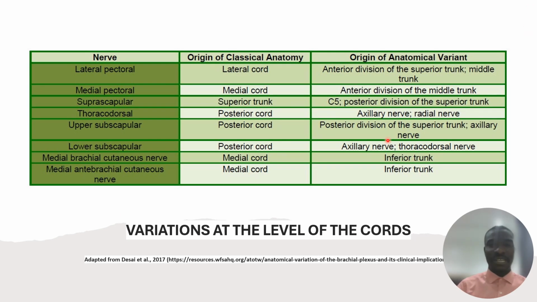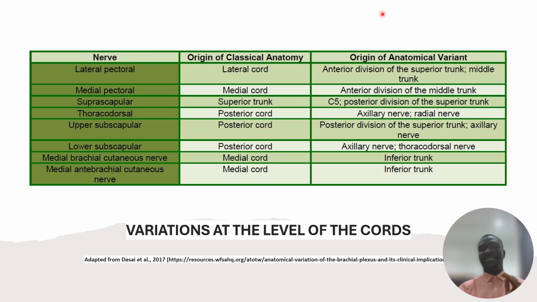Now let's take a look at the cords. What happens to the cords? You can see I've made a table to highlight the original source of each of the terminal nerves, and then look at the possible variations that will emerge. But let me also note that sometimes we have the presence of a single cord.